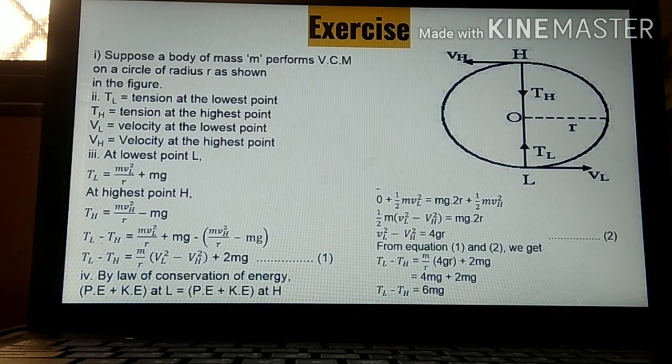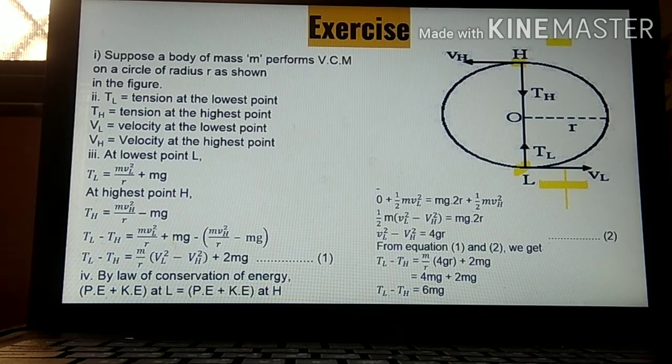Now we will be finding the tension difference between the highest and the lowest points. Again, the tension at the lowest point is given by the formula m vl square upon r plus mg, and at the highest point it is given by minus.